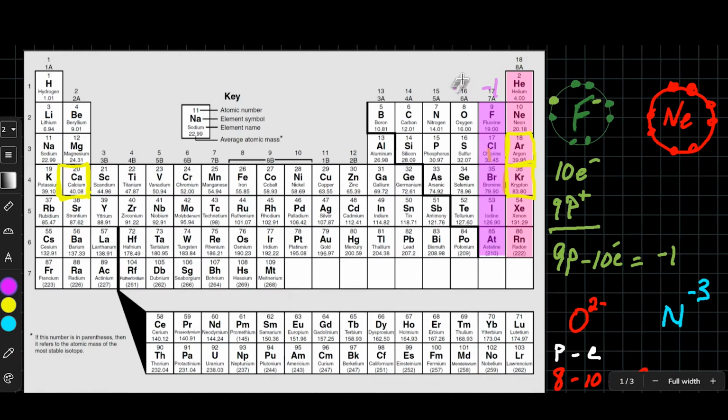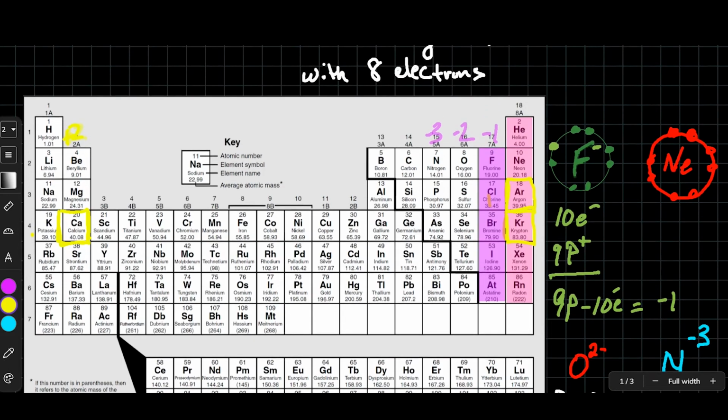And everybody in this column is going to make a -2 charge. And everybody in this column is going to make a -3 charge, right? Well, we found calcium. All of these guys are just 2 spots away from looking like a noble gas from the previous noble gas. So these are all going to make a +2, right? What do you think this first column is going to be? Plus 1. That make sense? Okay.